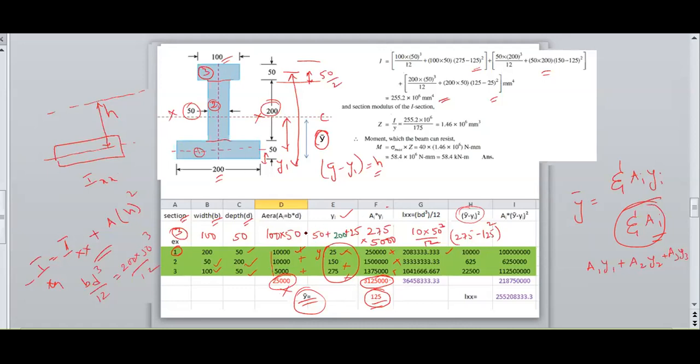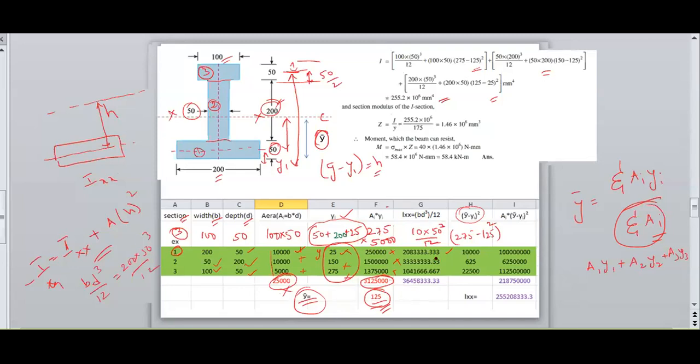y3 is, here I have shown it, y3 from the bottom is 50 and 200, and the distance of the centroid is 50 by 2, it is nothing but 25. So after substituting all the values, I will get the y bar.